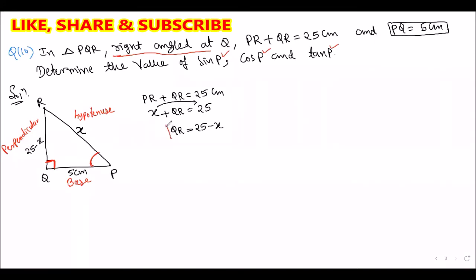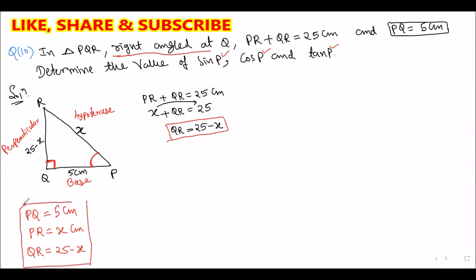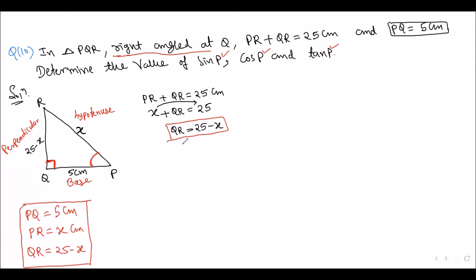PQ is 5 centimeters, PR I have considered as X centimeters, and QR is 25 minus X centimeters. Now we have to find the value of X.